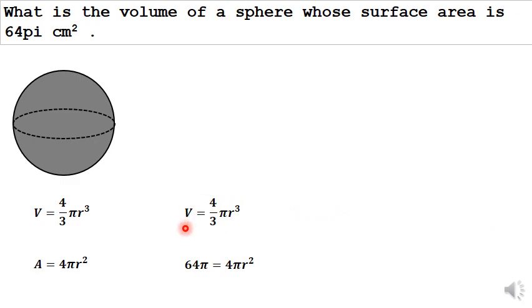If we know R, then we may define the volume. R may be found from the total surface area, 64 pi, which is 4 pi R squared. The only unknown here is R, so R is equal to 4. Now substituting R into our volume, we get our volume.